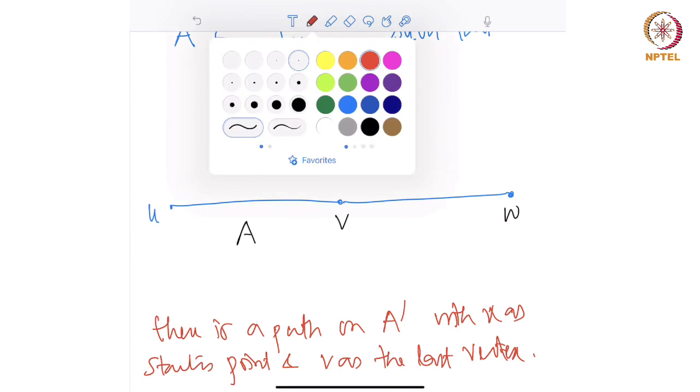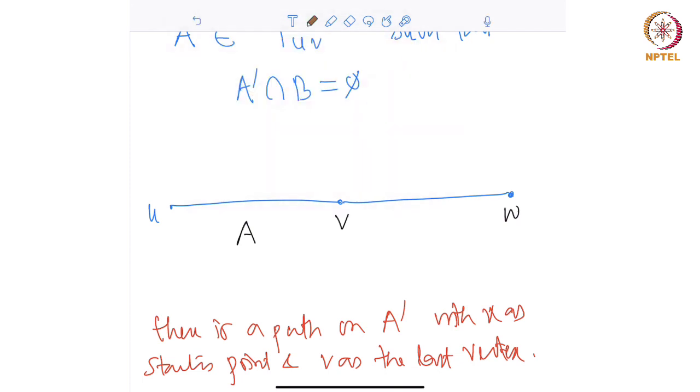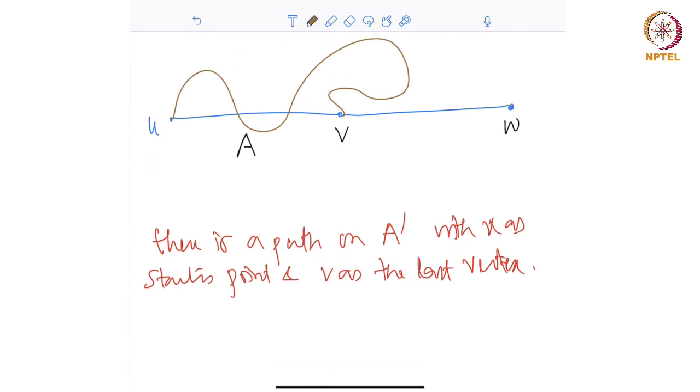So there is a path on set A prime. And notice because A prime intersection B is phi, and this is B, now let's call this brown path and blue path.